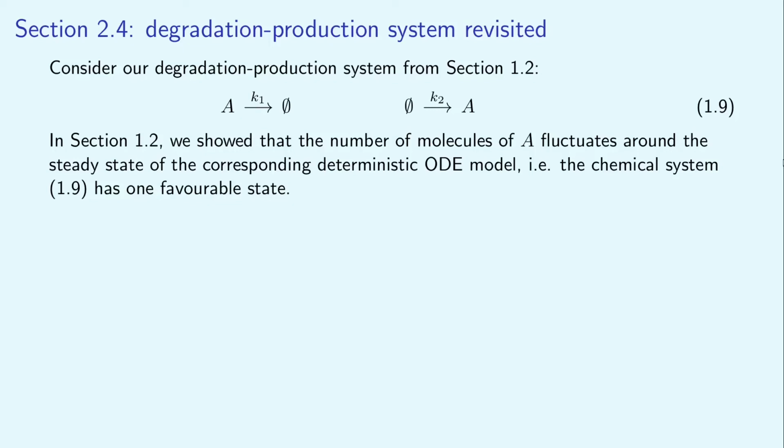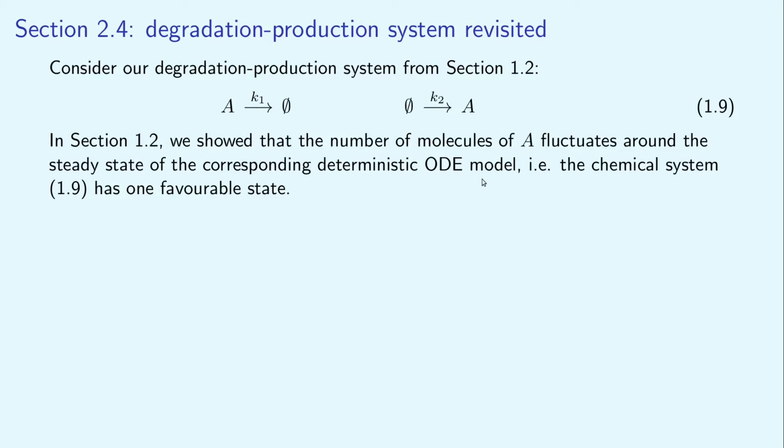Having motivated our discussion, let us now illustrate that it is possible to dramatically alter stochastic behavior of a chemical system without changing its deterministic ODEs. In section 2.4, we revisit the degradation production system, which we discuss in detail in section 1.2, where we showed that the number of molecules of A fluctuates around the steady state of the corresponding deterministic ODE model.